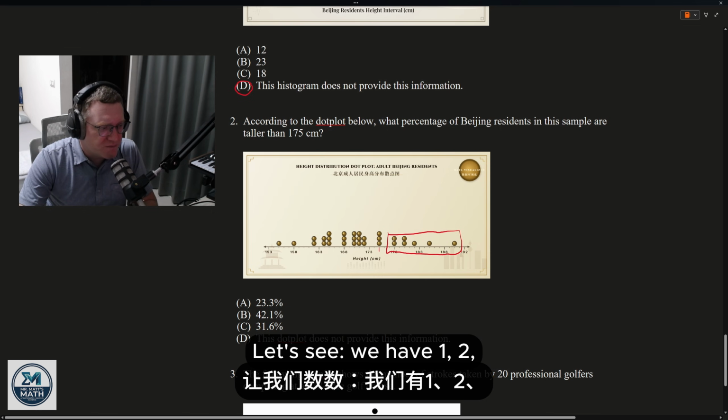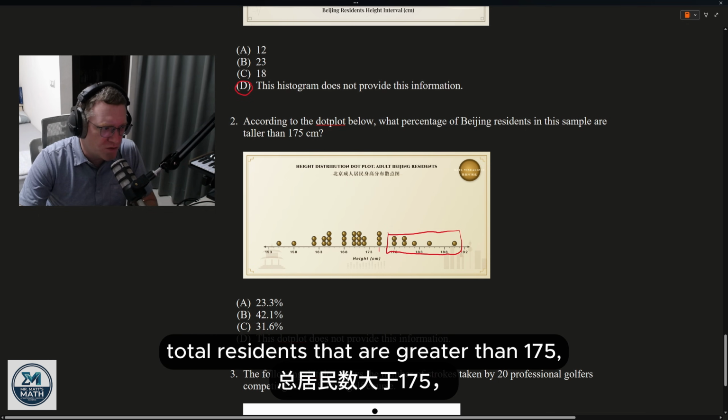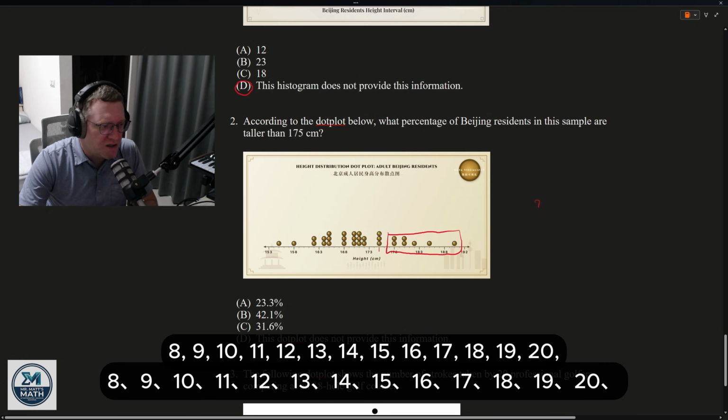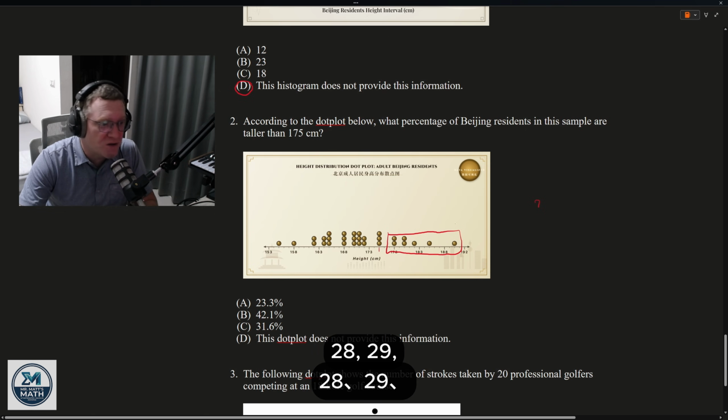Well, let's see. We have 1, 2, 3, 4, 5, 6, 7. Okay, so there's 7 total residents that are greater than 175. And how many total residents do we have? Well, 8, 9, 10, 11, 12, 13, 14, 15, 16, 17, 18, 19, 20, 21, 22, 23, 24, 25, 26, 27, 28, 29, 30.